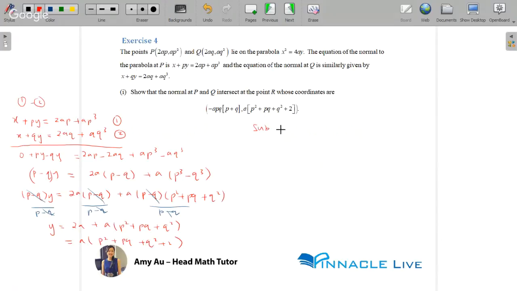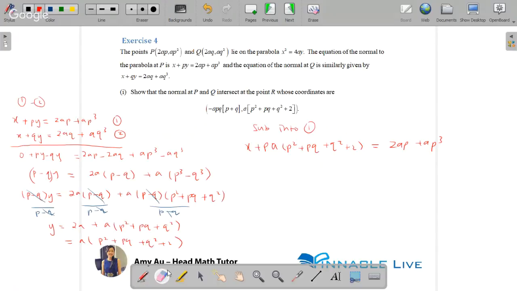We just sub the Y coordinate back into one of them. Okay, so let's say 1. So X plus PY is this entire thing. So A equals 2AP plus APQ. All right, so just to clarify, I should have done that in a different color.